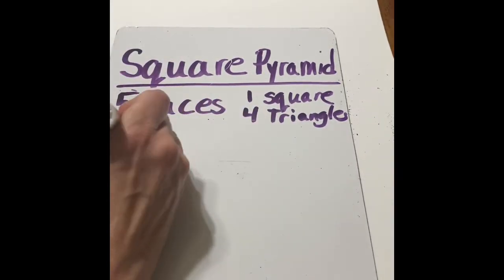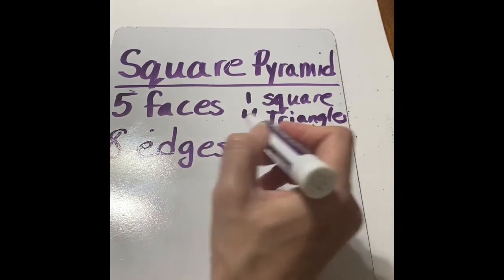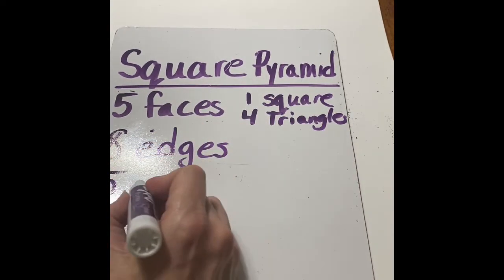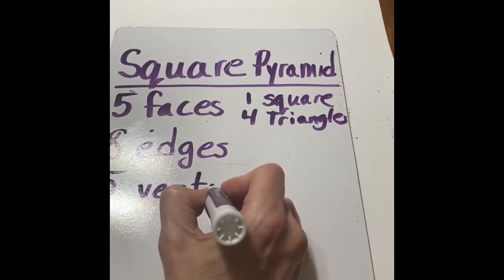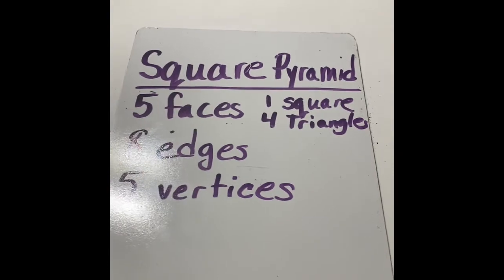So 8 edges and 5 vertices. Square pyramid.